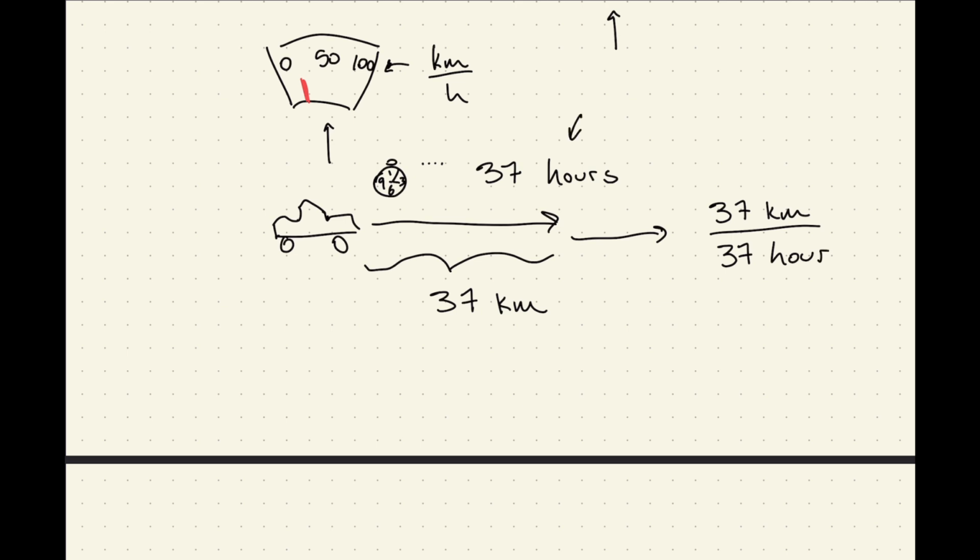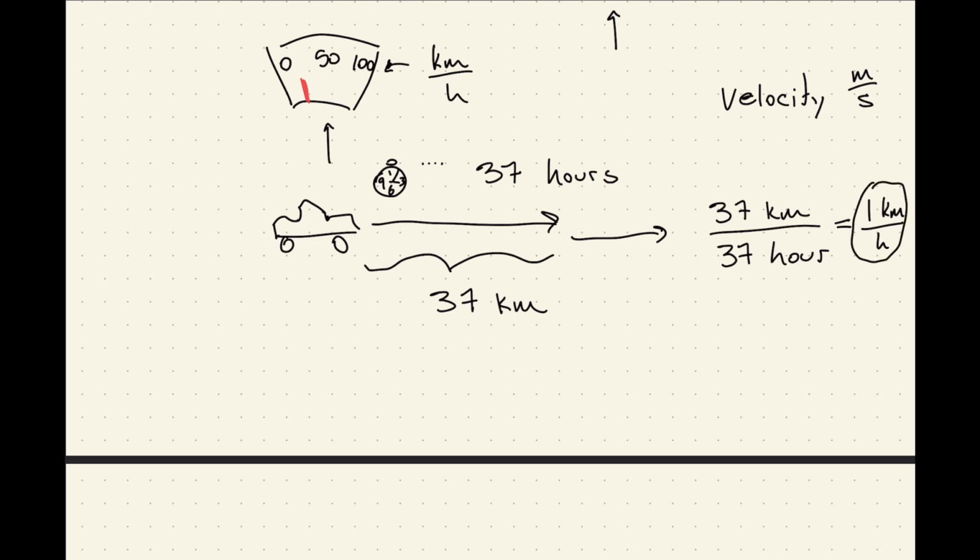We could have chosen minutes, but in this case, the unit that we are using is hours for time. So this will give you a speed, a distance per time. Normally in physics classes, we use meters per second for velocity, but cars typically use kilometers per hour. So here, 37 divided by 37 is 1, and we have kilometers per hour. So normally you see it like this, 1 kilometer per hour.